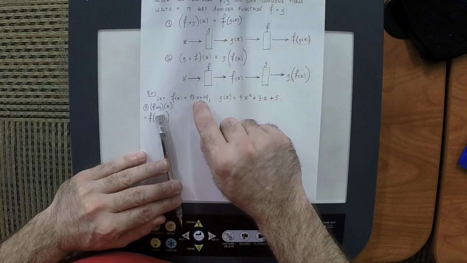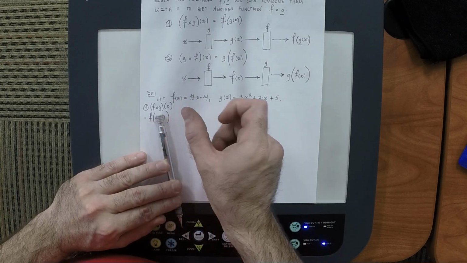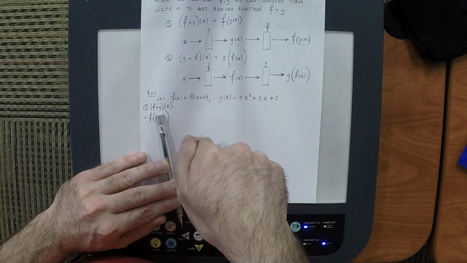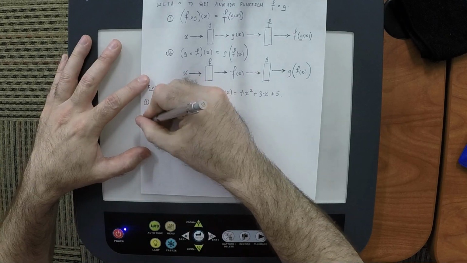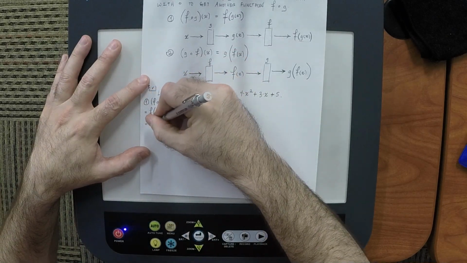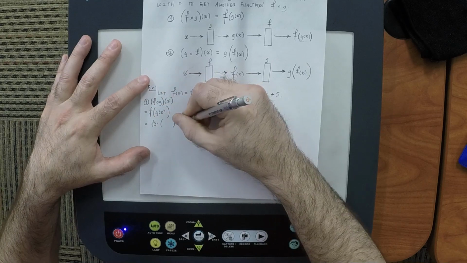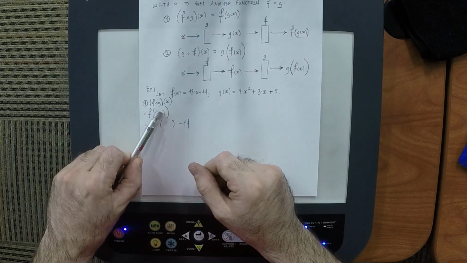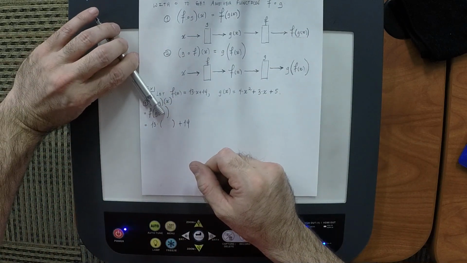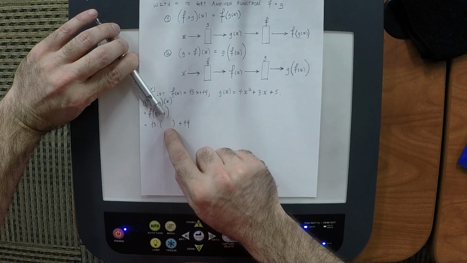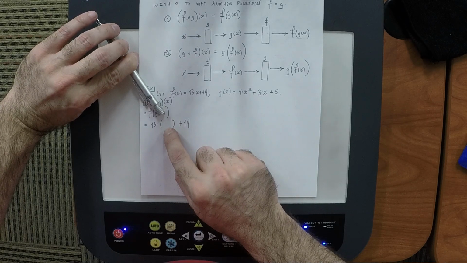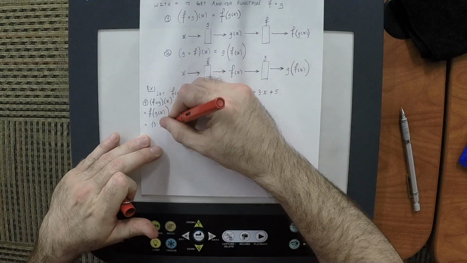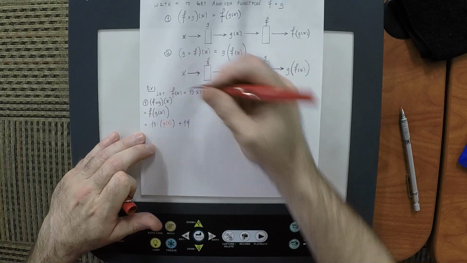Well, that means that everywhere we see an x, I'm going to write an empty pair of parentheses, just a slot where something can be put in. So 13, slot, add 14. Okay, and then whatever it is that I'm covering up, that's what needs to be written in there, right? If it's an 8, write an 8. If it's a giraffe, write a giraffe. So what is in there? A g of x. So I'll write g of x. Okay.